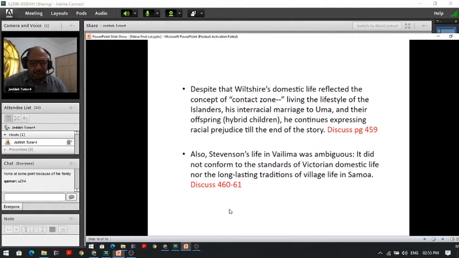We have seen examples of that, how he refers to his children and the fact that he doesn't want them to get married to natives, right?